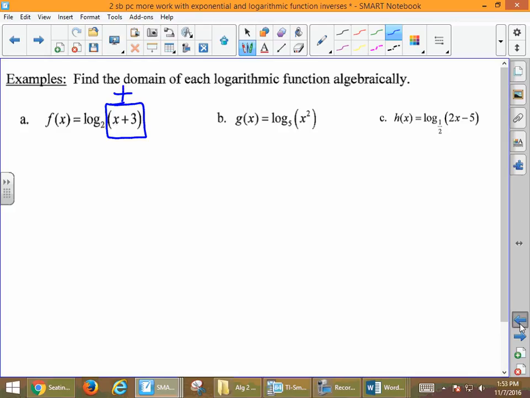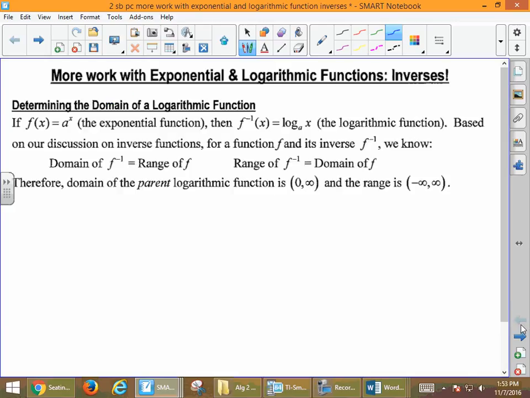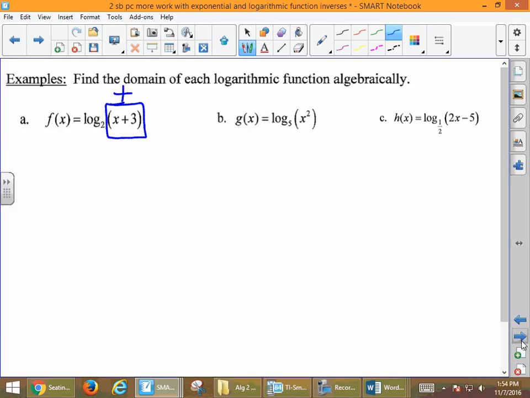And that goes back to this: the domain of the parent logarithmic function is 0 to infinity, and 0 is not included because it has a parentheses. So it's anything greater than 0 onto infinity, which is where I get the must be positive.